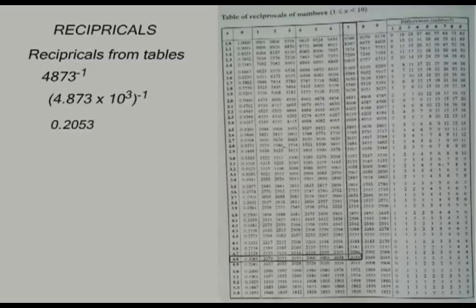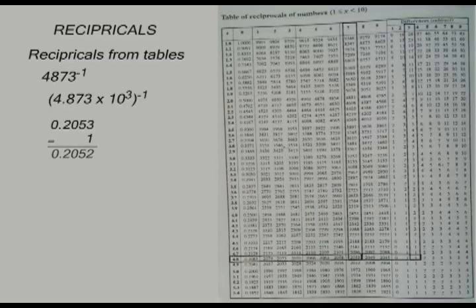To the differences column, we move down column 3. They meet here. The number is 1. We subtract and we get 0.2052. Now you will have noticed that the larger a number is, the smaller its reciprocal, and the reverse is also true.